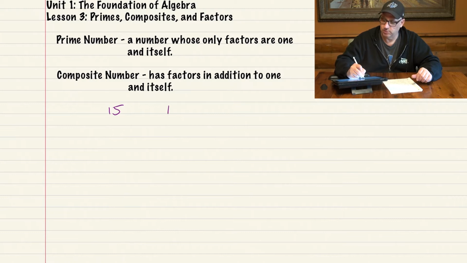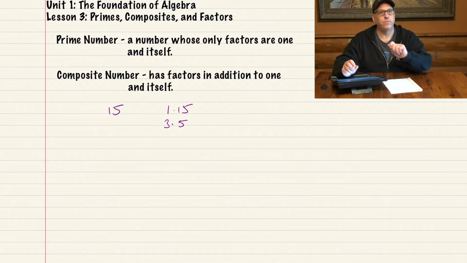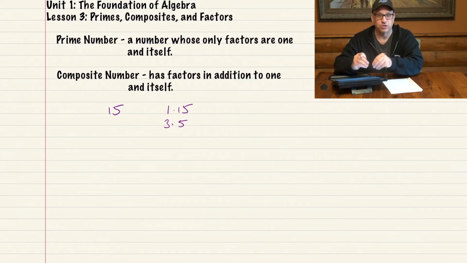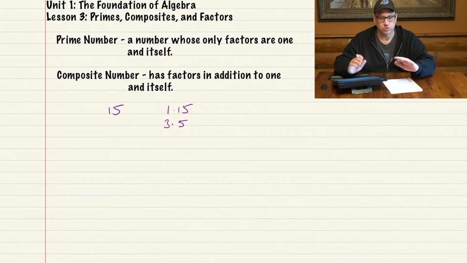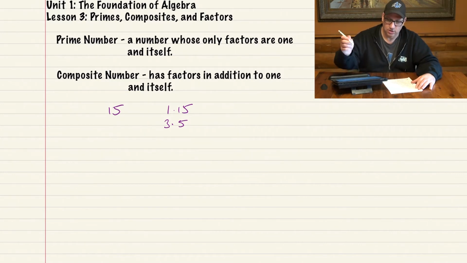You can get 15 by doing 1 times 15, but you can also get it by doing 3 times 5. You could list 5 times 3 as well, but there's no point because the factors are still the same. You're just flipping them around. The commutative property, which we covered before, tells you that's the same thing. So there's no point in writing it twice. So that's an example of a composite number. Obviously, those are infinite as well.